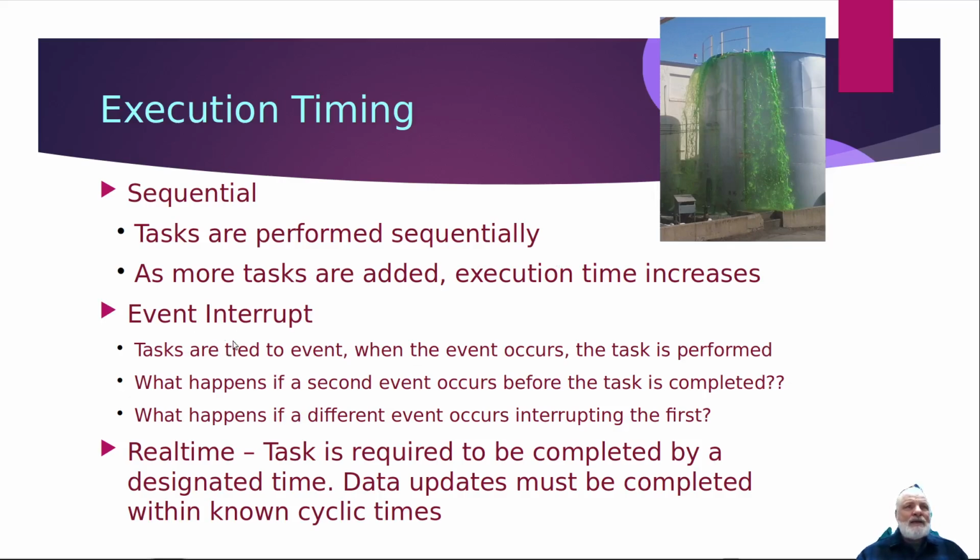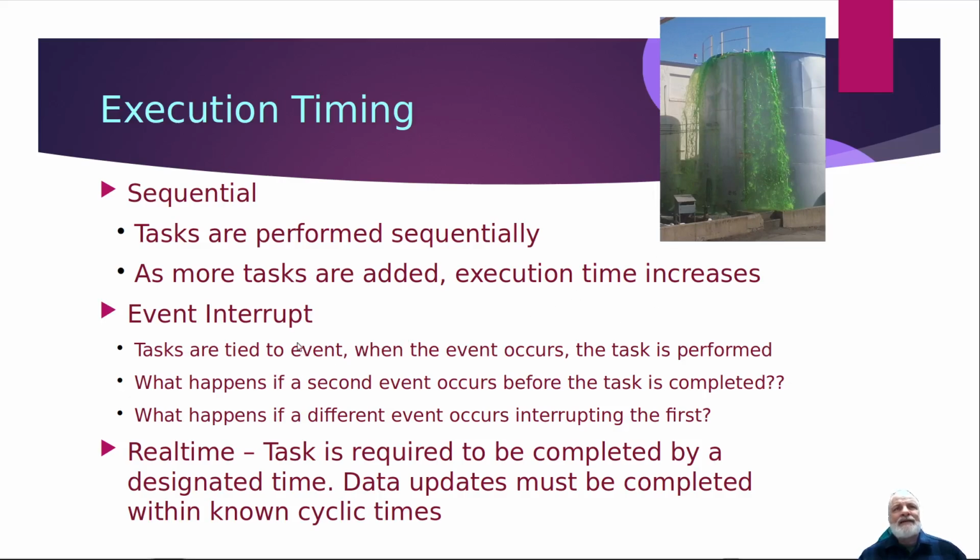On the other hand, we could use what's called an event interrupt driven system, where, when the sensor notices that the tank is full, it sends an interrupt to the controller and says, hey, the tank is full, shut off the pump. And so it kicks off this other task.